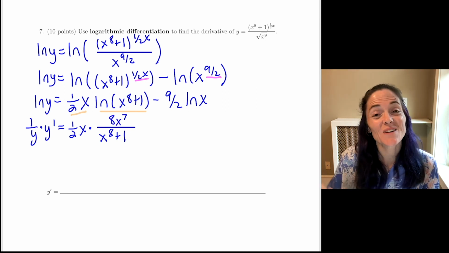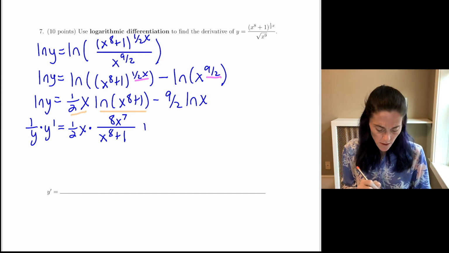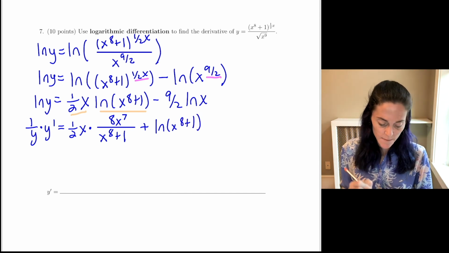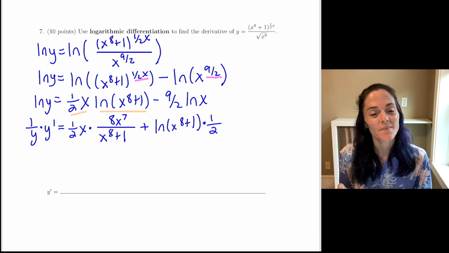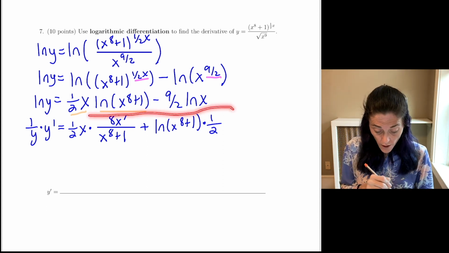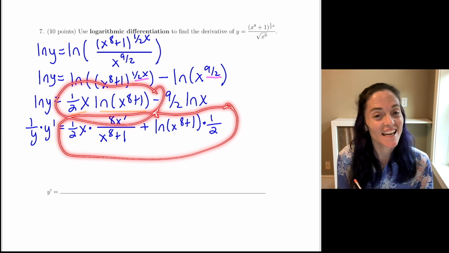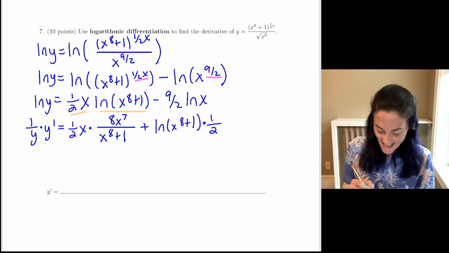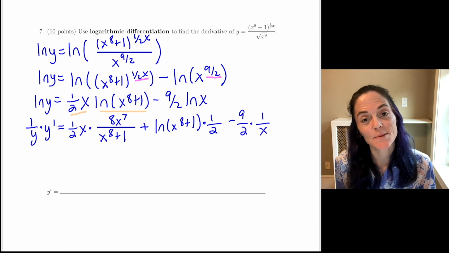Okay, so far I have first, derivative of the second, and then I write plus, we have second, times the derivative of the first, which is just 1/2. This, so far, is the derivative of this, using the product rule, and there is also chain rule there. Now, the derivative of minus 9/2 ln x is minus 9/2 times 1 over x. Okay, my differentiation part is done.